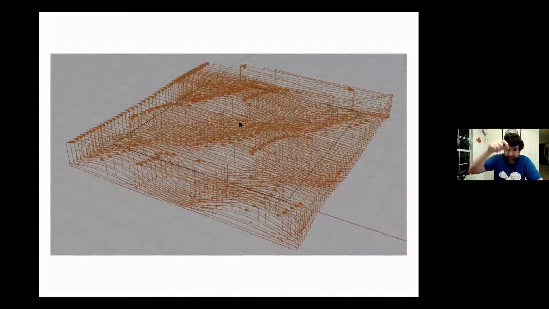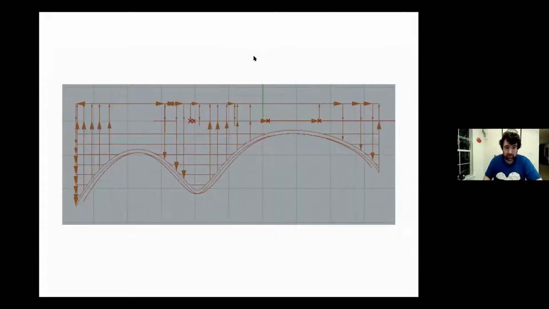It's the base of the tool. And so here you can see a diagram where you're starting to get into some mathematics to avoid that problem.